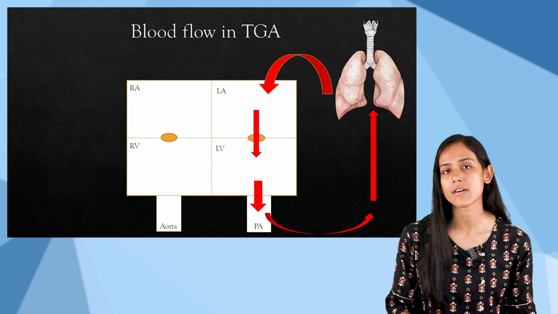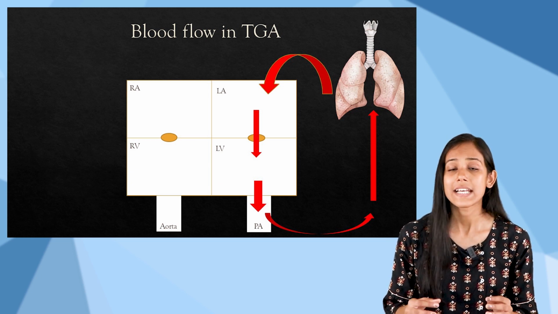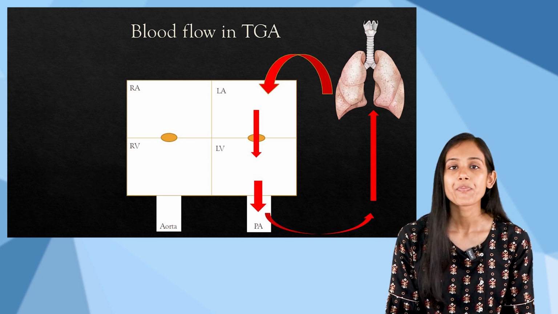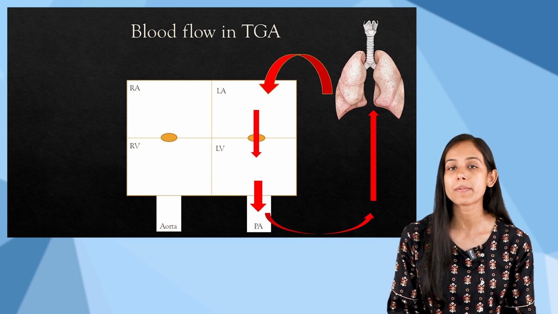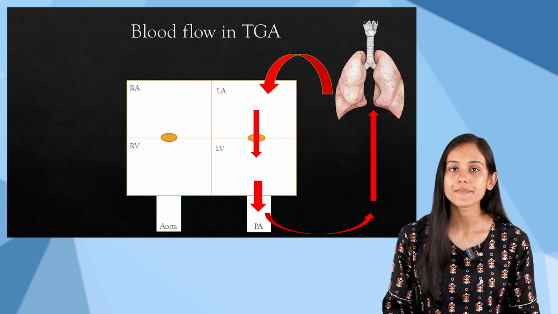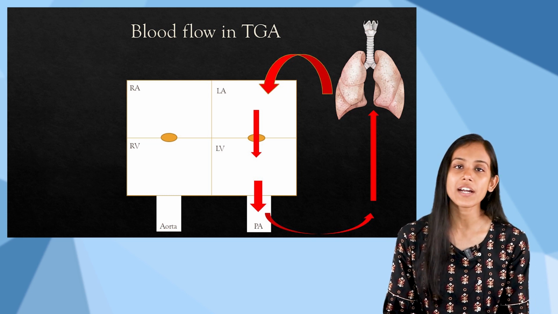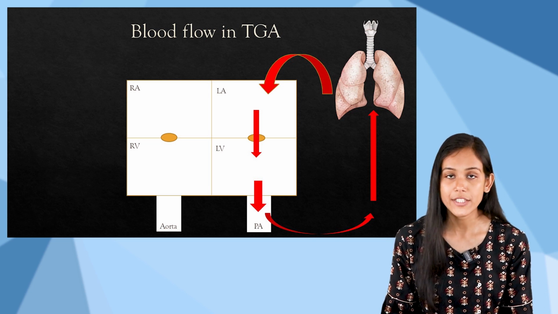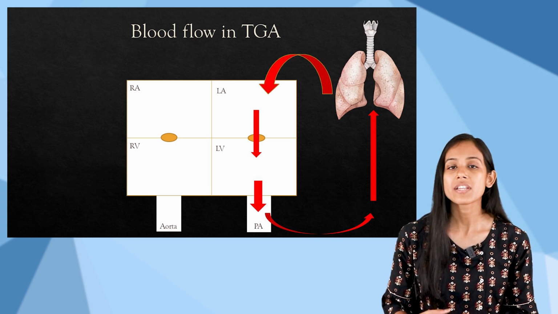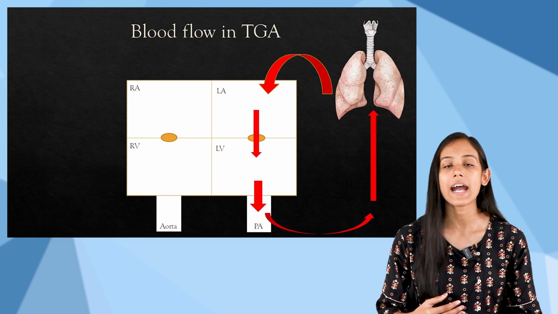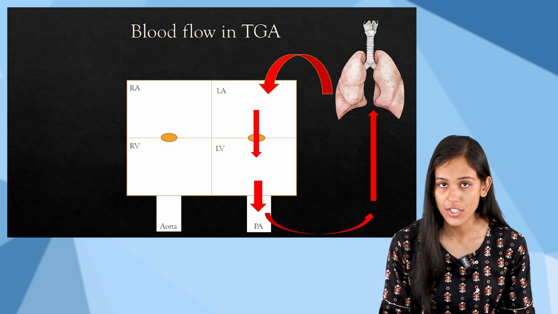Once this deoxygenated blood is in the right ventricle, the right ventricle will push the blood to the pulmonary artery through the pulmonary valve. From this pulmonary artery, the blood will go to the lungs for oxygenation. There the gas exchange will occur and the blood will get oxygenated.